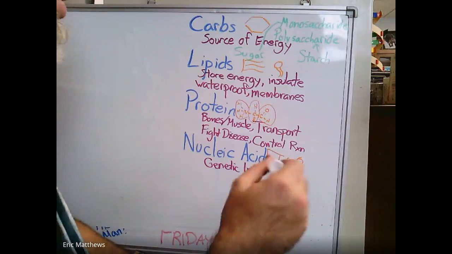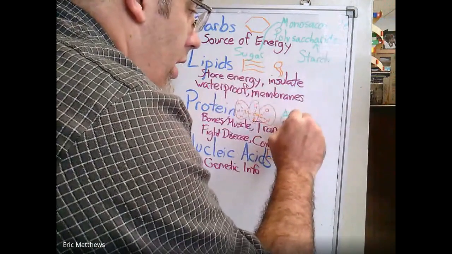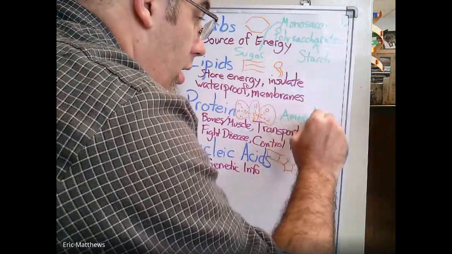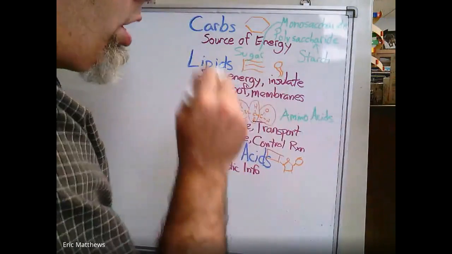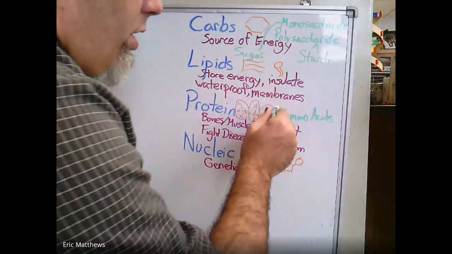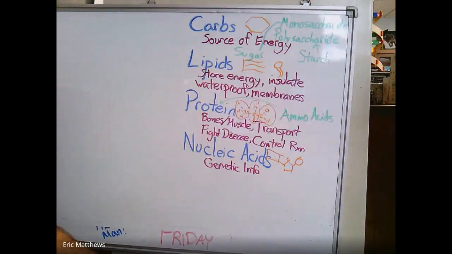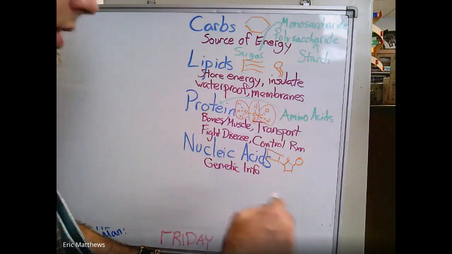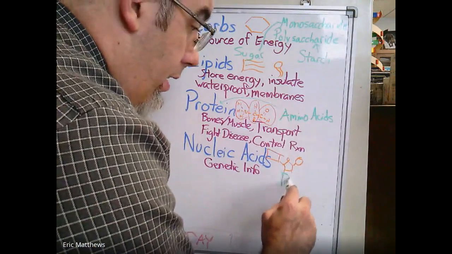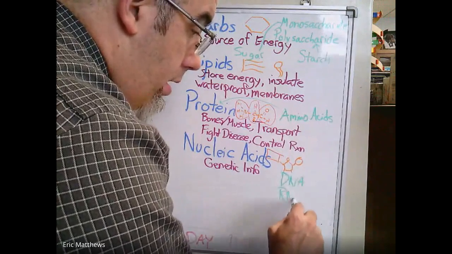In proteins, remember the key here is going to be the amino acids. And the amino acids are the monomer. The amino acids build the protein. In the nucleic acids, our two polymers that we look at are DNA and RNA.